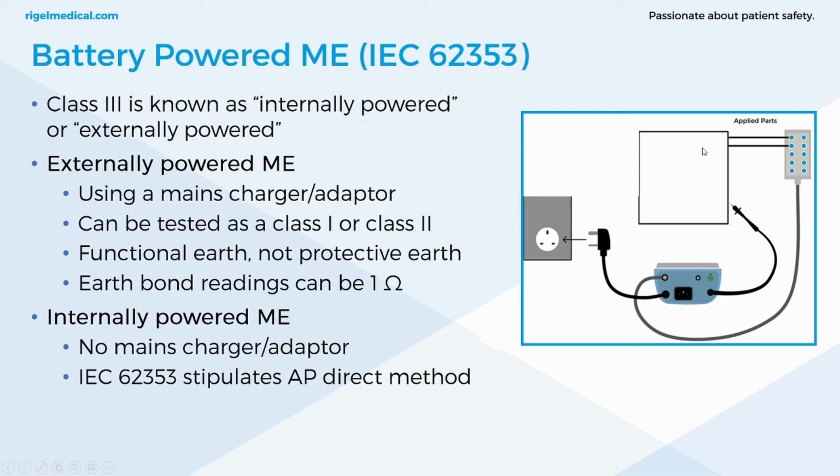But what we need to then realise is that this device has applied parts that could potentially be connected to the patient. So very low levels of current could be flowing to the patient. So this is why this test is quite important for battery powered equipment. It just ensures that if there are any fault conditions where mains or another source is applied, a patient still has a form of protection against electric shock.